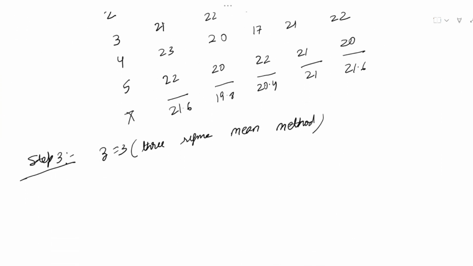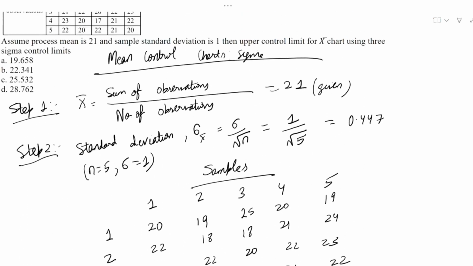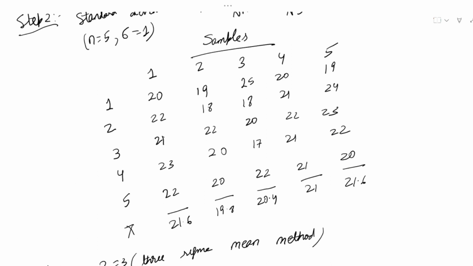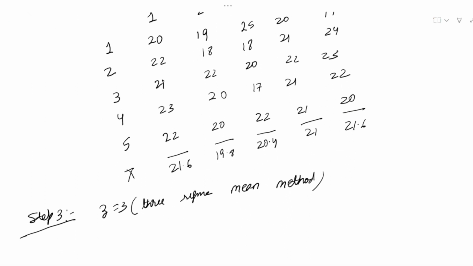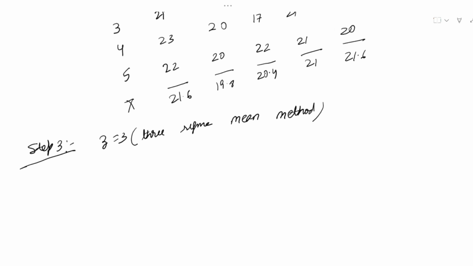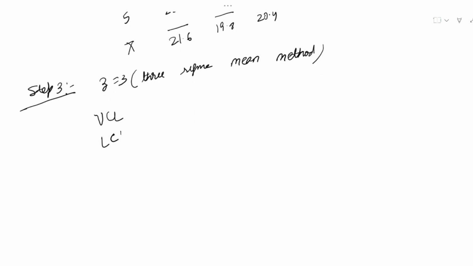Okay, so now z is equal to 3 according to the 3 sigma mean method. Now we know the formulas for the upper control limit and lower control limit.